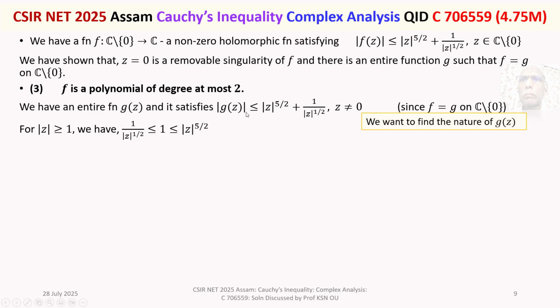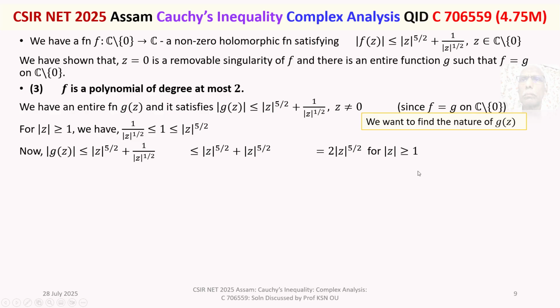So the above inequality now becomes mod of g z is less than or equal to mod z to the power of 5 by 2 plus 1 by mod z to the power of 1 by 2, which is also less than or equal to mod z to the power of 5 by 2.